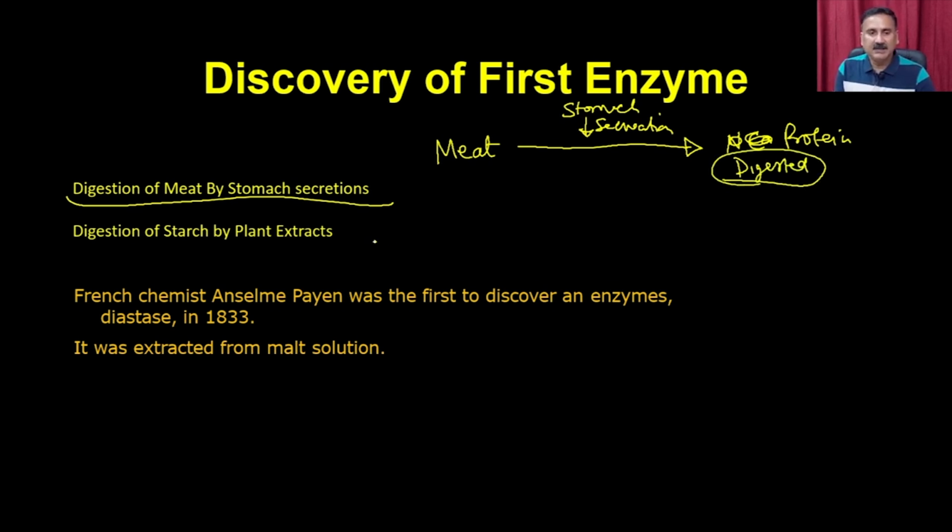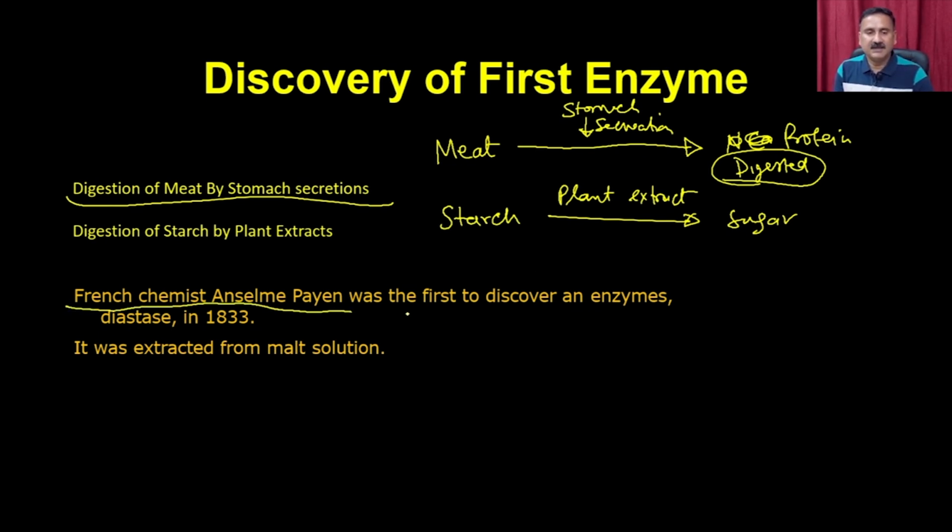Similarly, they also started converting the starch into sugar with the help of plant extracts, because plant extracts provide a lot of catalysts. And that's how the French chemist Payen was the first to discover an enzyme, called diastase, in the year 1833.